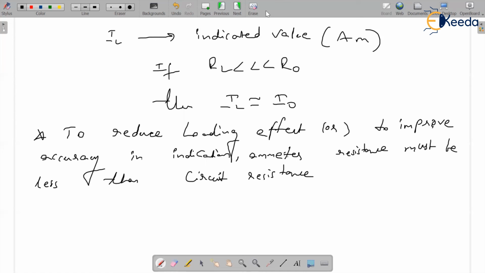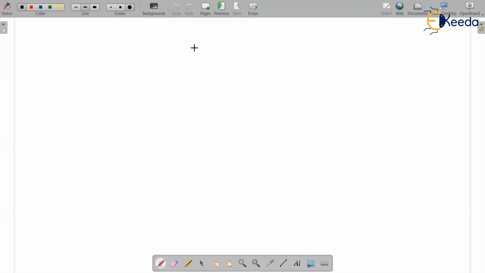So this gives rise to IL equal to 99% of I naught, then RA is equal to 1 by 100 R naught.